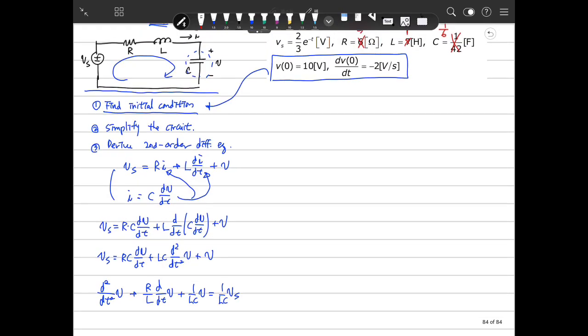Then we replace: R is 5, L is 1, and C is 1 over 6.